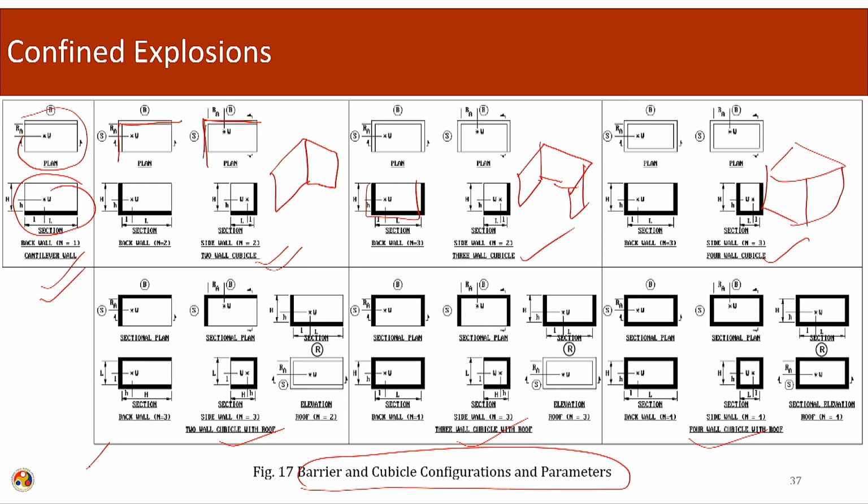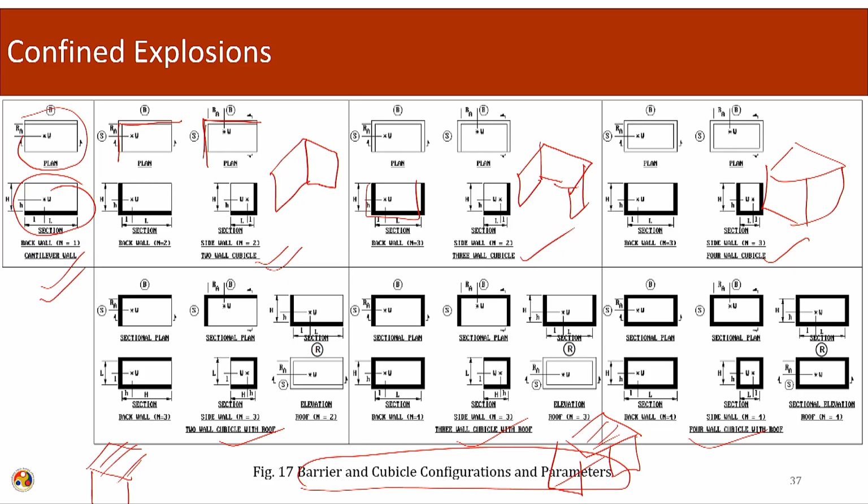Here a 2-wall with roof is also there. This is a 2-wall configuration with roof, this is a 3-wall configuration with roof. Here 3 walls are there, and here a fully box type of cubicle is there. So these are the different types of cubicle configurations that can occur.